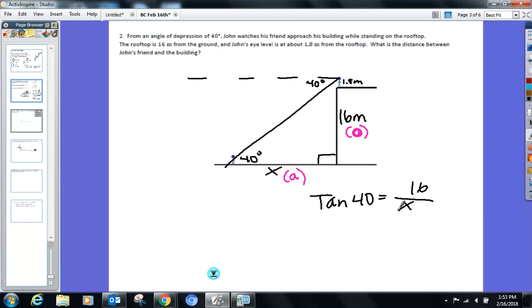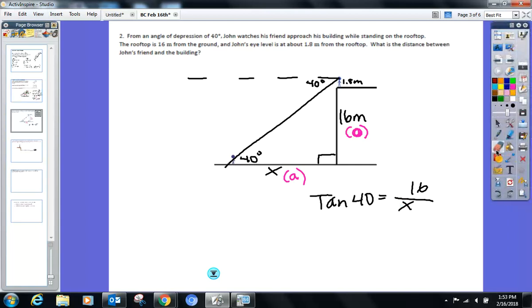Yes? Shouldn't it be 16 plus 1.8? Oh, second time today I've done that. You would have thought I learned my lesson from 5th period. Yes, that is correct. The opposite side's not 16.